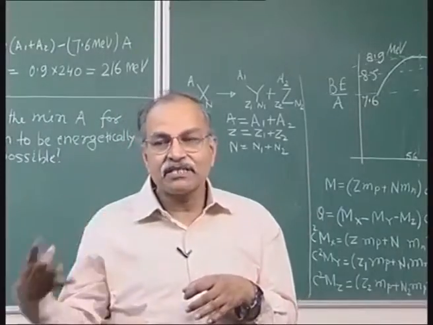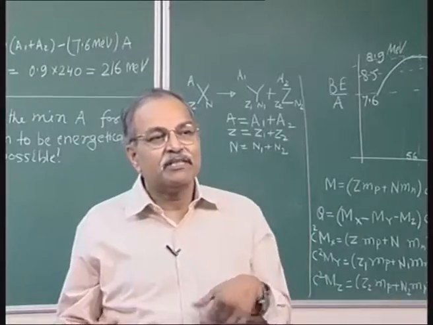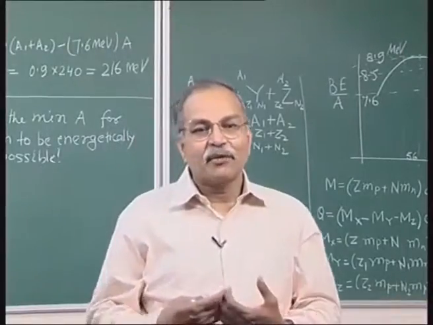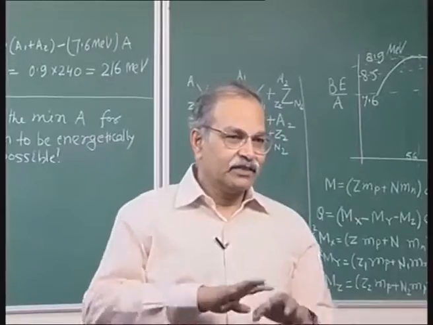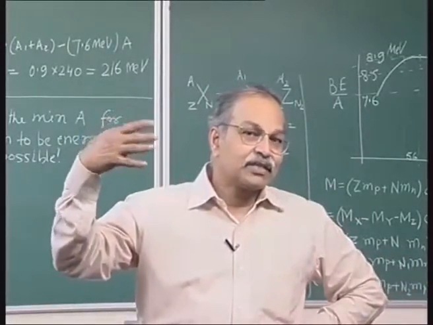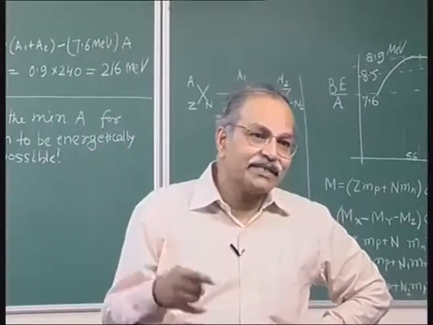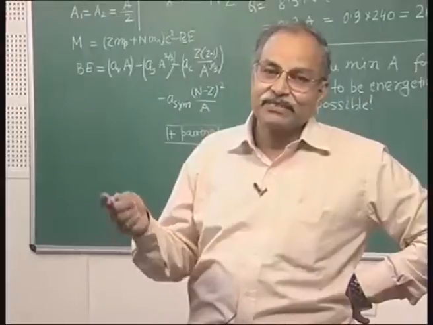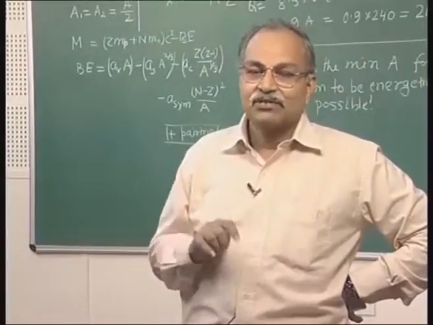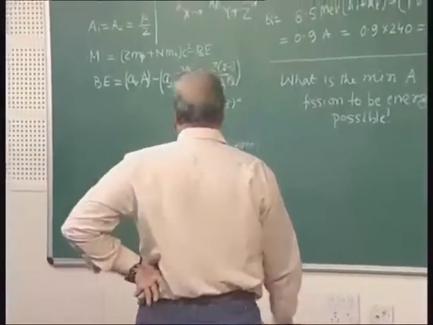So, the surface term and the Coulomb term in the binding energy are competing with each other. In splitting, the surface energy is increasing, so the rest mass energy will increase corresponding to that. Coulomb energy is decreasing, so the rest mass energy will decrease because of that. So, there is a competition between the two.